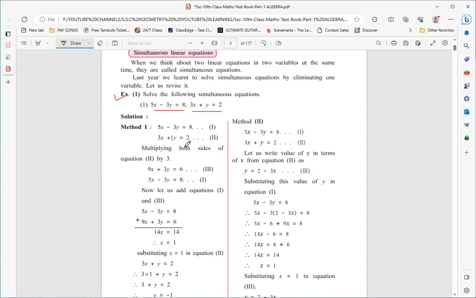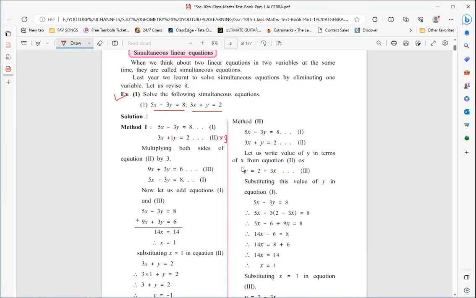Okay, so how is it? When you multiply equation 2 by 3, what happens is 3 times 3x is 9x plus 3y is equal to 6. Here we are multiplying equation number 2 by 3.